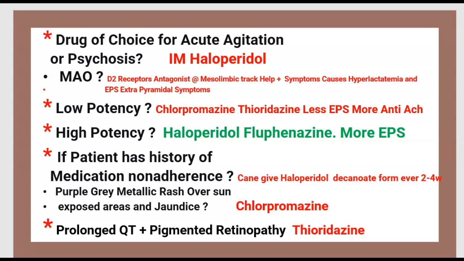High potency: haloperidol, fluphenazine, more extrapyramidal symptom side effect. If patient has history of medication non-adherence, you can give haloperidol decanoate form every 2 to 4 weeks.